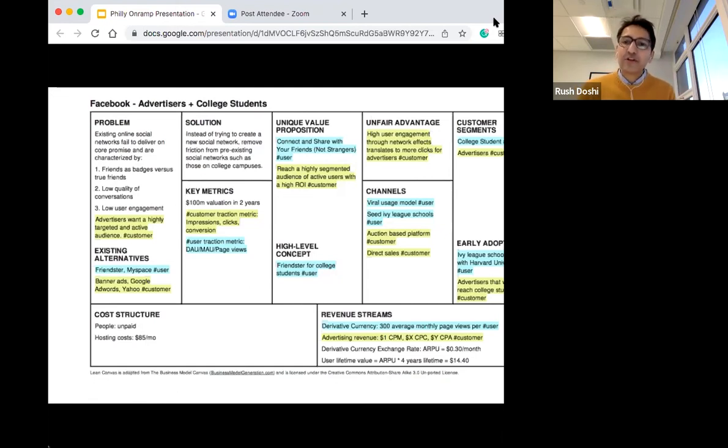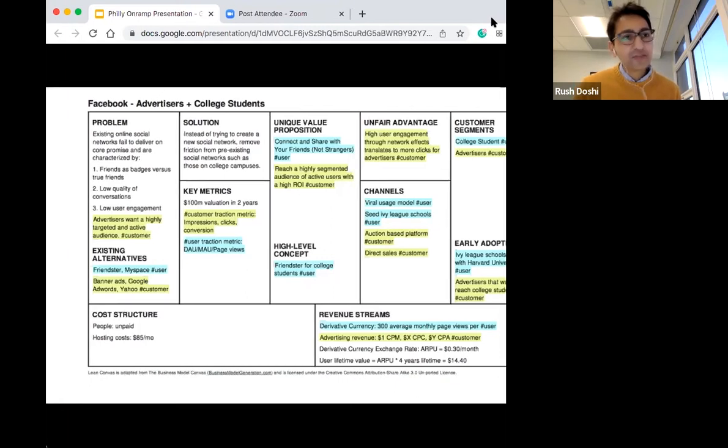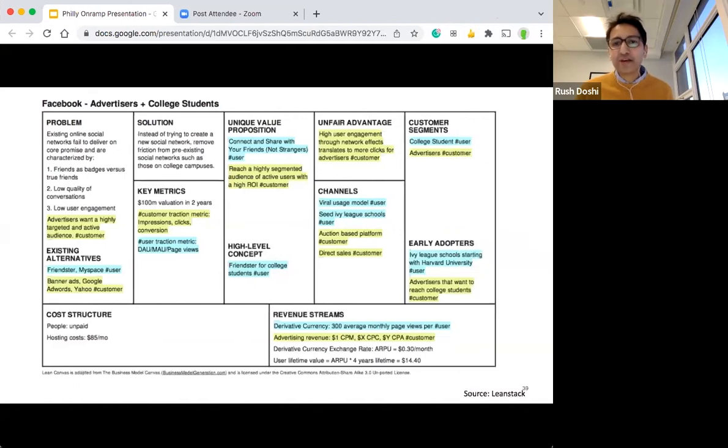And one thing I'd mention about their segments is that the early adopters for Facebook were, hey, we're all at Harvard right now, so we're going to test it out at Harvard. Let's just limit it to this group of people because we're there. That was the reason they decided to focus on those schools. And once they validated some of their critical assumptions, they scaled it out, and everything else has happened since then.